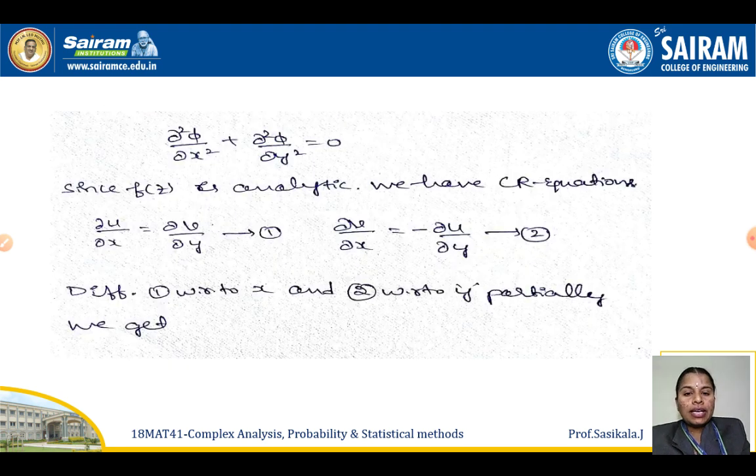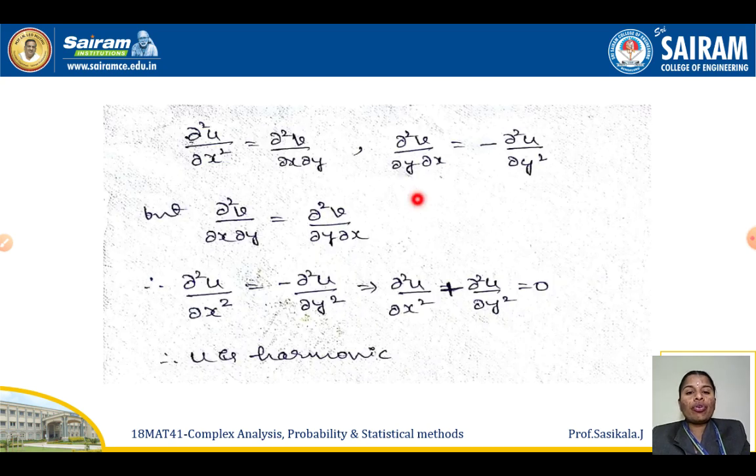Similarly, in equation number 2, differentiating partially with respect to y, we get dou squared v by dou y dou x equal to minus dou squared u by dou y squared. But as we know for partial derivatives, dou squared v by dou x dou y should be equal to dou squared v by dou y dou x.